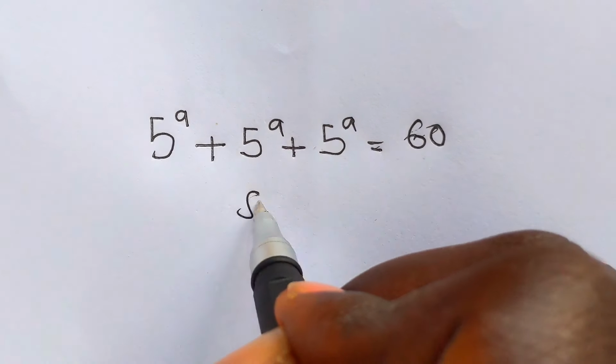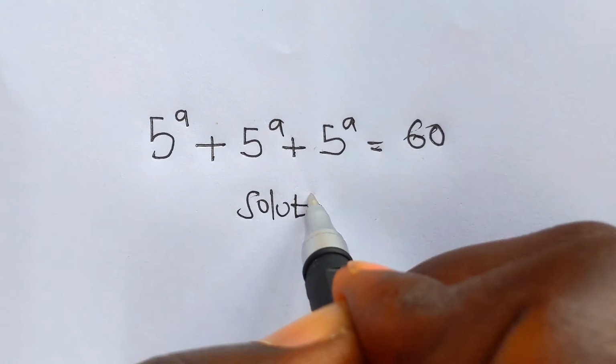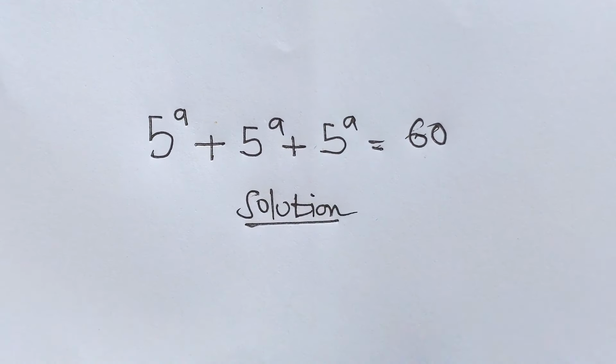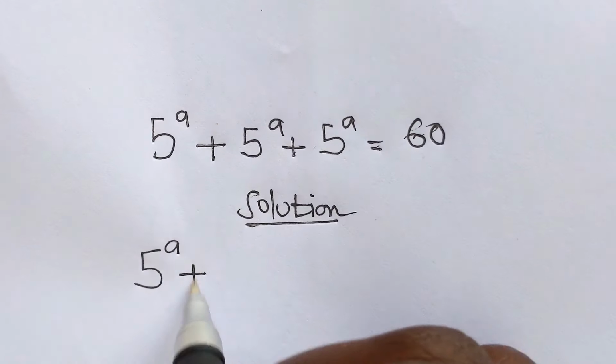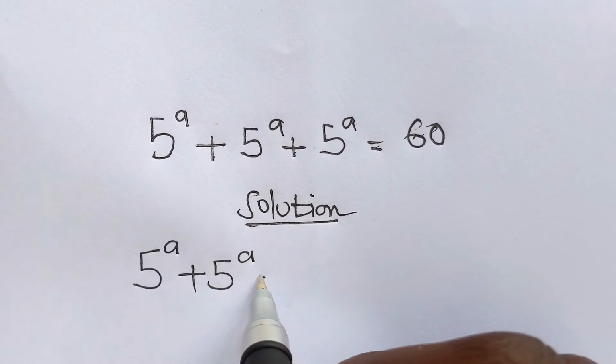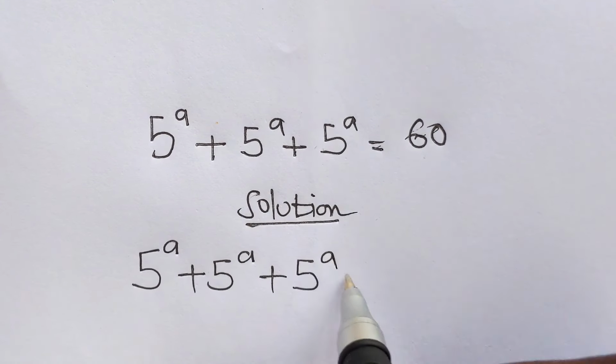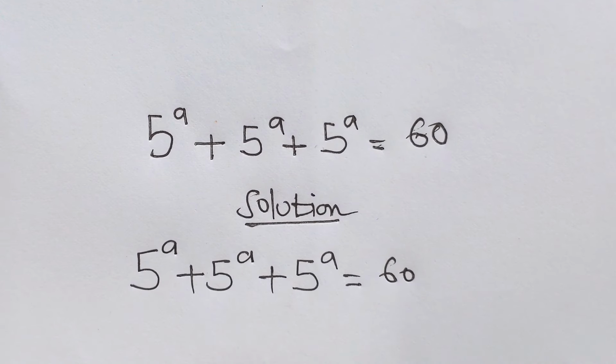So, solution. Here, we have to copy, of course, what we have given. We have given 5^a + 5^a + 5^a = 60.